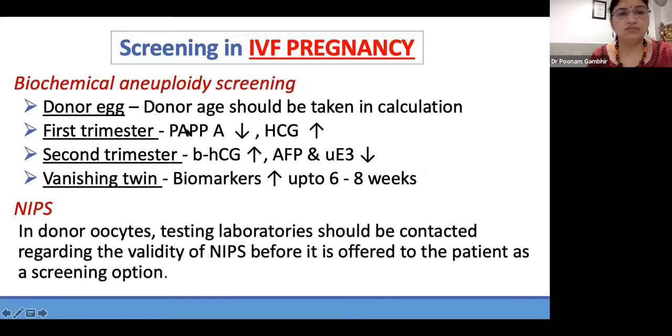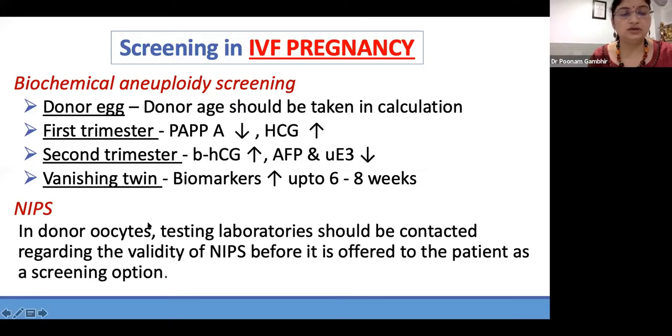The markers are a bit different in IVF conceptions because of the different hormonal protocols they have undergone. And chances of vanishing twins are high in IVF pregnancy, so the biomarkers are usually increased up to 6 to 8 weeks. Accordingly, you should be careful while ordering the screening test.